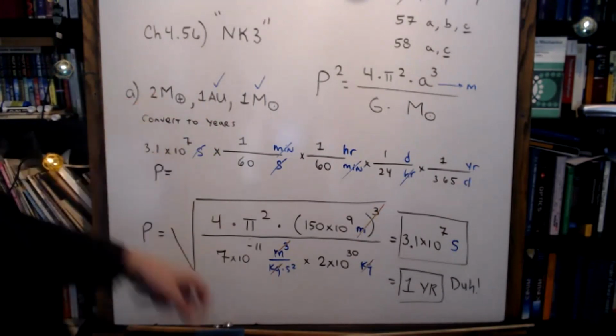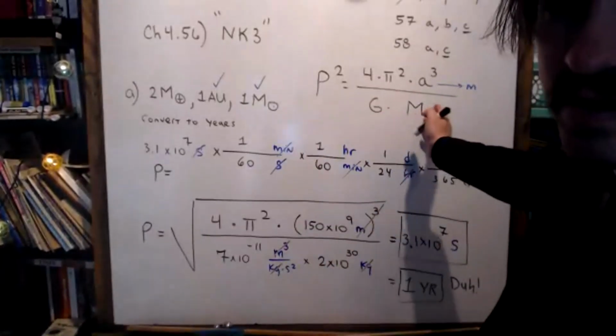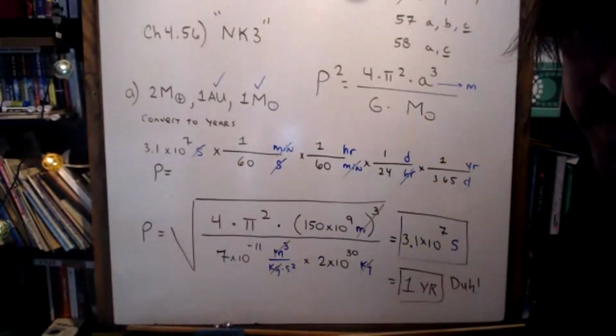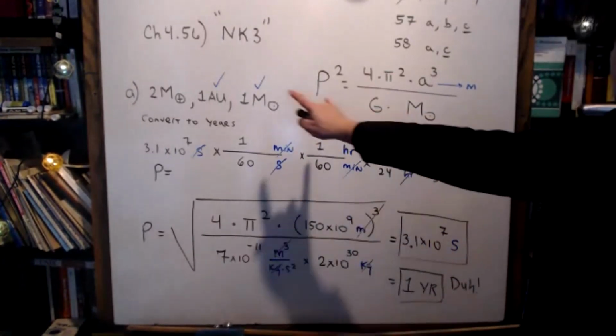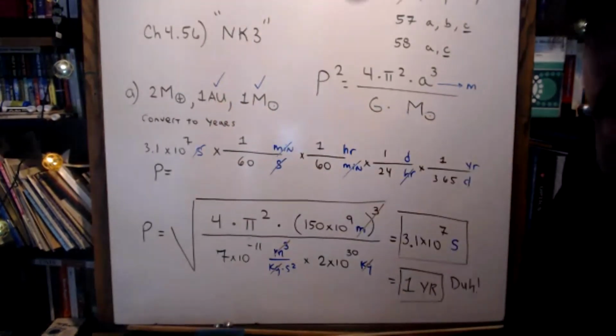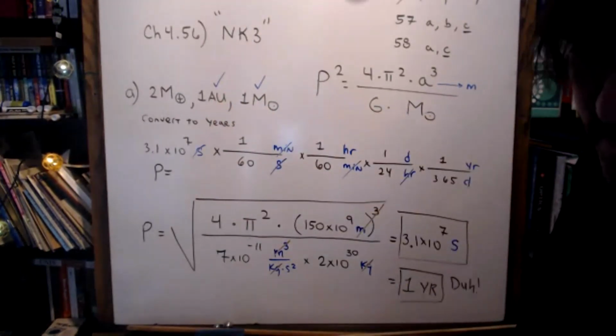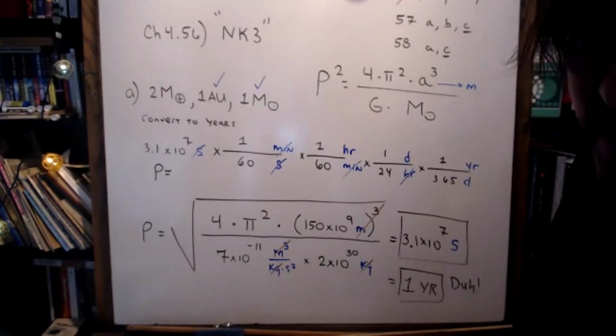Sure, the planet is twice as massive, but it doesn't matter because Noah proved to us that the mass of the planet is insignificant compared to the mass of the sun. In that case, p squared equals a cubed holds. And 1 AU will give you a period of 1 year. Well, we learned something in any case. Now let's move on to part B.